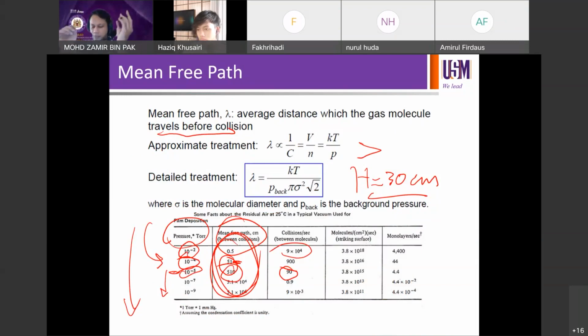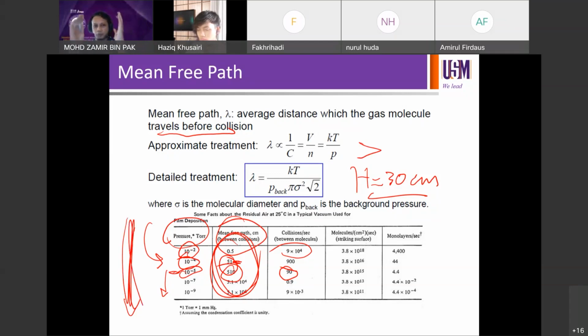So maknanya as a result, bila you run the evaporation, you may have some oxide of aluminium, silver, copper left because the oxygen is not effectively evacuated by the pump, because you're only operating at 10 to the minus 2.